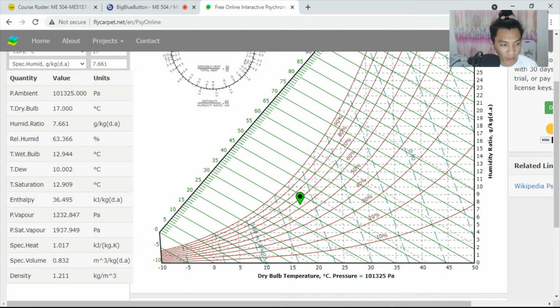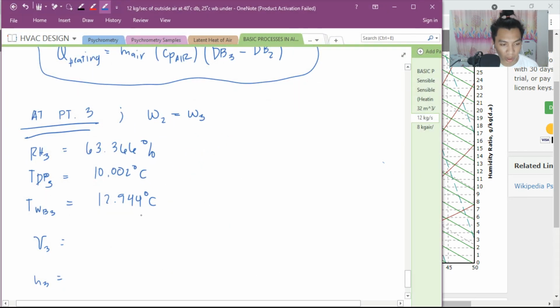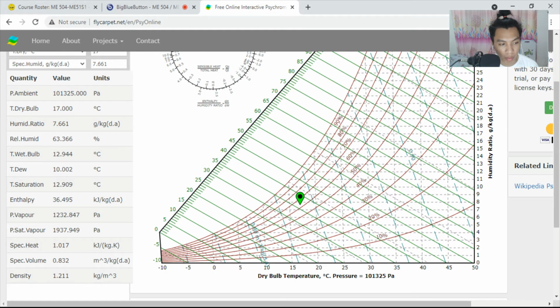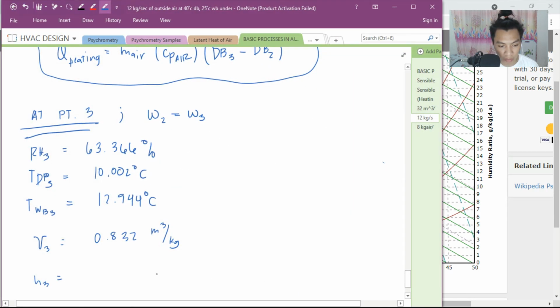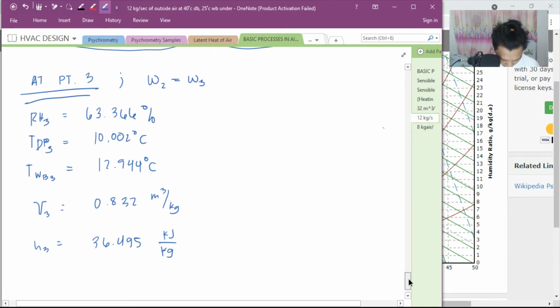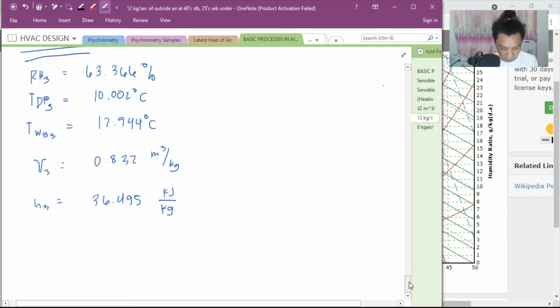Specific volume, 0.832. Yung H3 is 36.495 kilojoule per kilogram. Ayan, nakuha natin yung mga values. Okay. So, we can now find yung values nito.